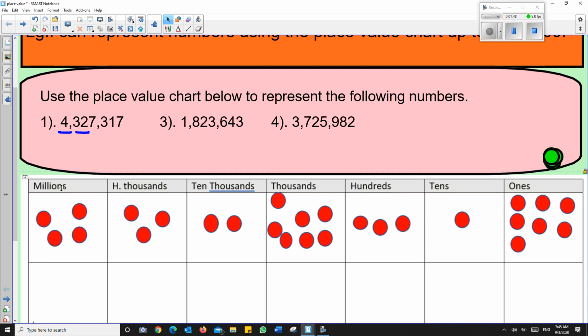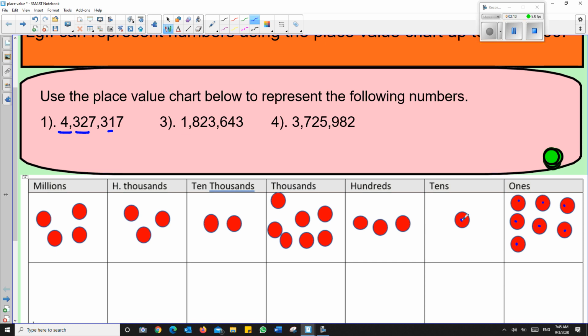So the first number has already been represented. In the ones column, it's digit 7, so it's represented by 7 counters. In the tens column, it's only 1, so it's represented by 1 counter.